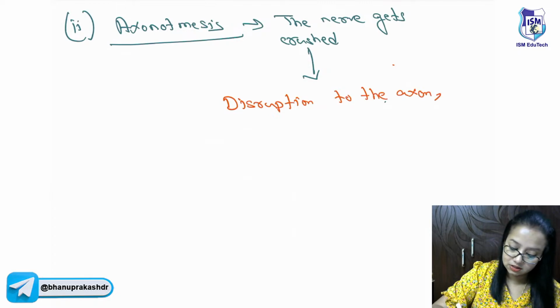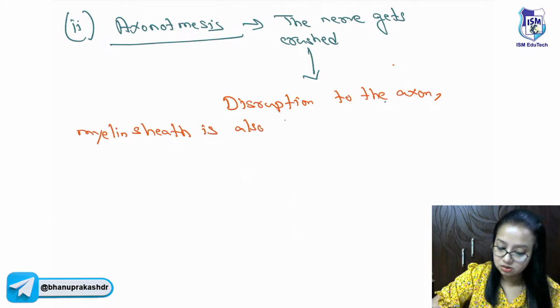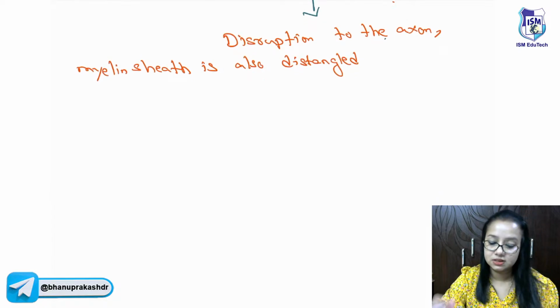If the axon is disrupted, it will obviously mean the myelin sheath is also disentangled or damaged. Okay, this is what it means.